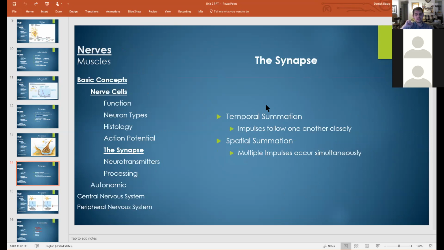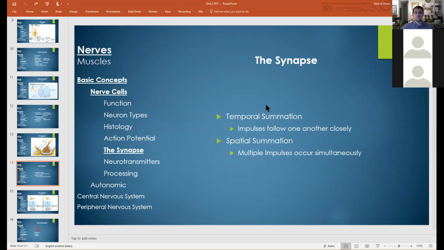So one might need 1 million pulses in a millisecond for it to reach threshold, and one might only need 2 or 3. That will get obviously a different effect. It'll make an area more or less sensitive.